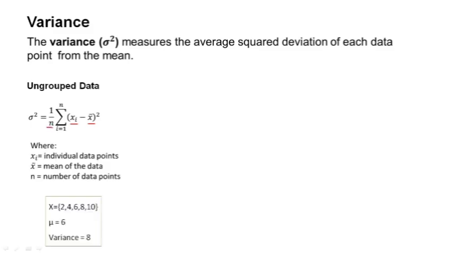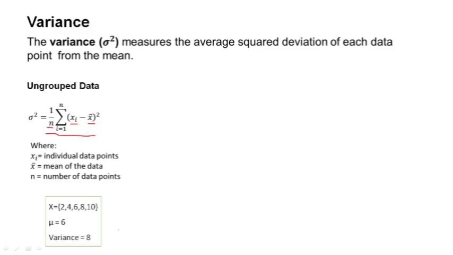An example of the variance for ungrouped data: given x equal to 2, 4, 6, 8, 10. For this given data set, the variance is calculated by using this given formula.